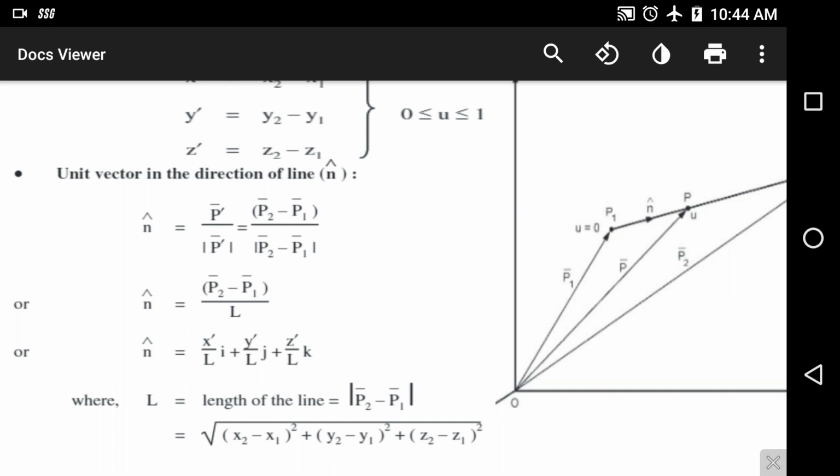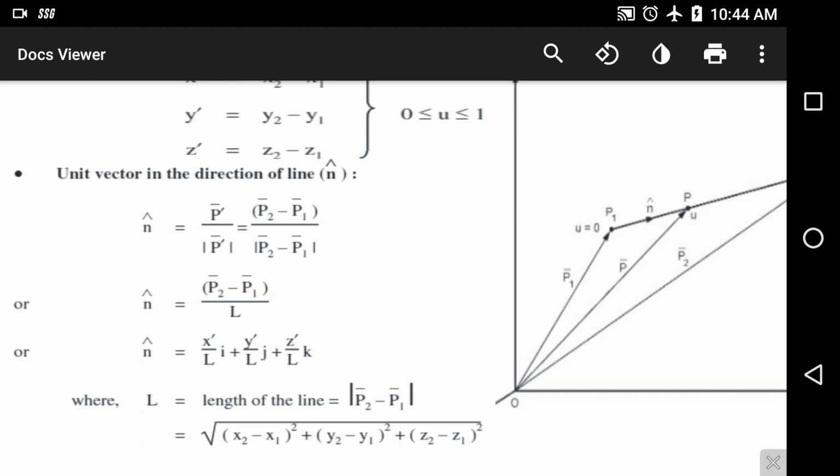We can write it in scalar form as the unit vector n cap equals x bar divided by L into I plus y bar divided by L into J plus z bar divided by L into K, where I, J, K are the direction components of the tangent vector.